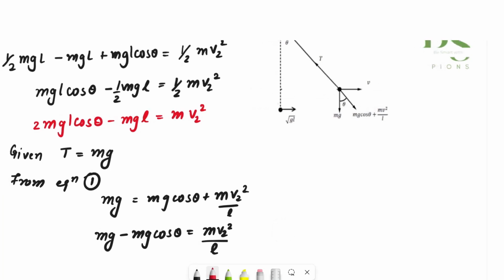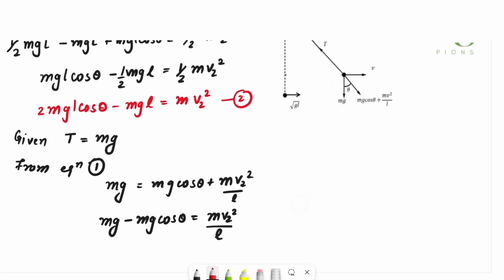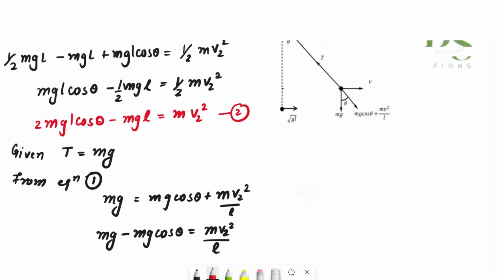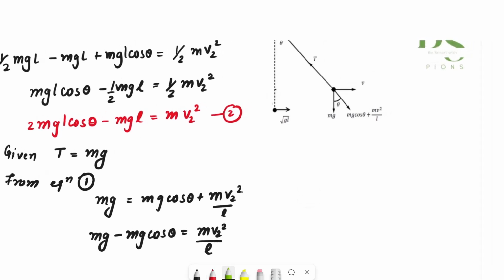And mv2 square by L will be how much? Look at the red equation, let's recall equation number 2. From this equation number 2, if we divide the whole equation with L, we will get mv2 square by L, right? So let's substitute on the right hand side here. So mg minus mg cos theta must be equal to 2 mg cos theta minus mg.